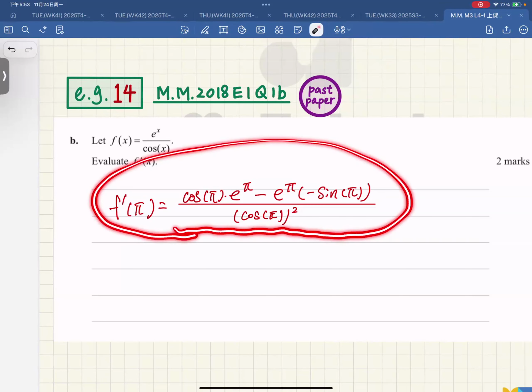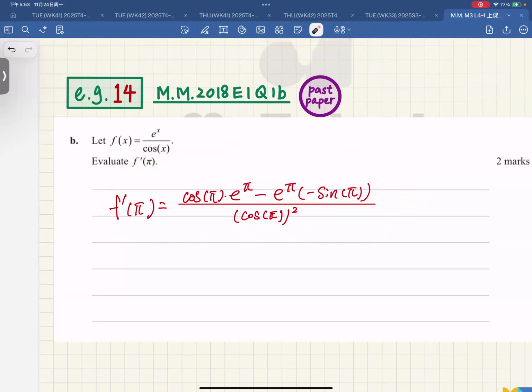Can you cross out the cos? The bottom part is only one cos, it's squared, and the top has negative sine pi.